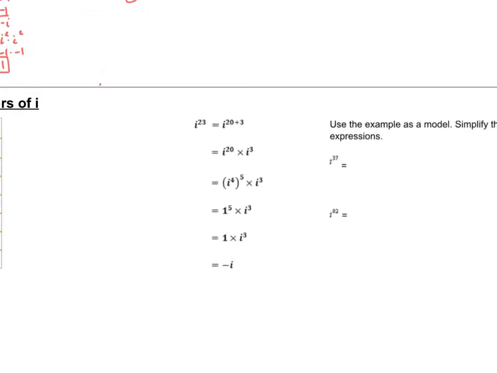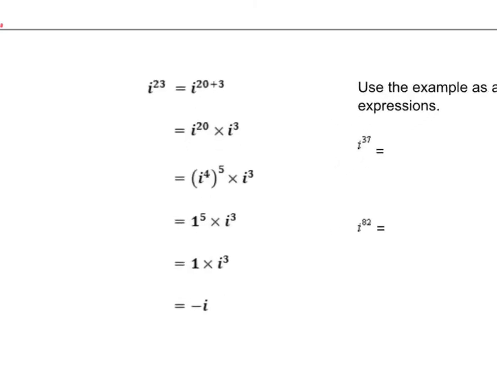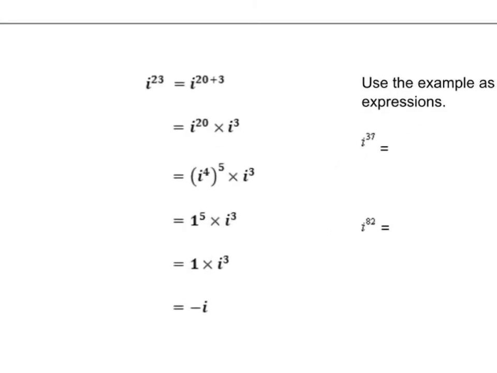Let's take a look at something like this. What if you had, say, i to the 23rd power? How would you evaluate that? Well, I can rewrite this as i to the 20th plus 3. I can rewrite 23 as the sum of 20 and 3.